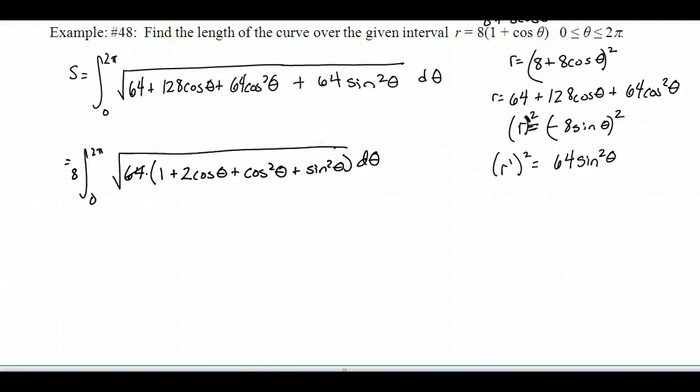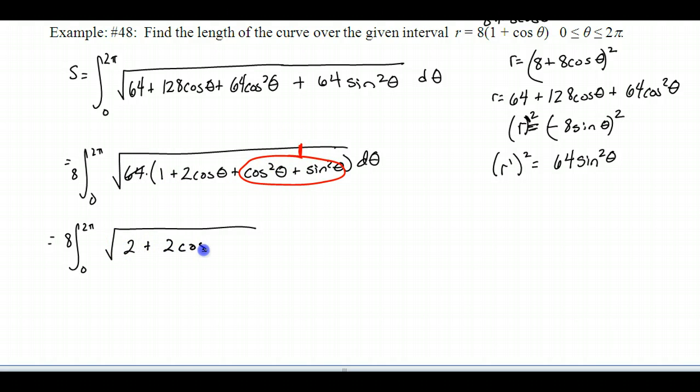That is equivalent to 1, and we never like to have the combination of sine and cosine. So 64 is gone, and we have 1 plus 1, which is 2, so we have 2 plus 2 cosine theta d theta.